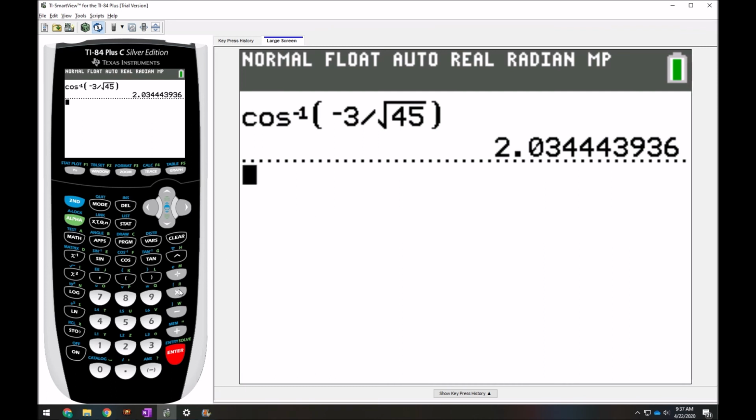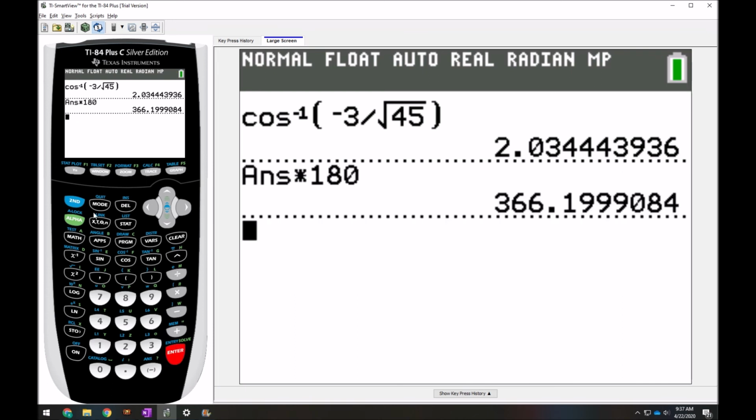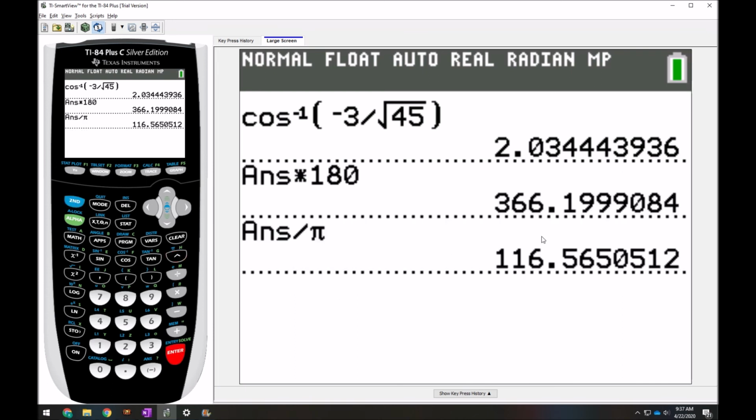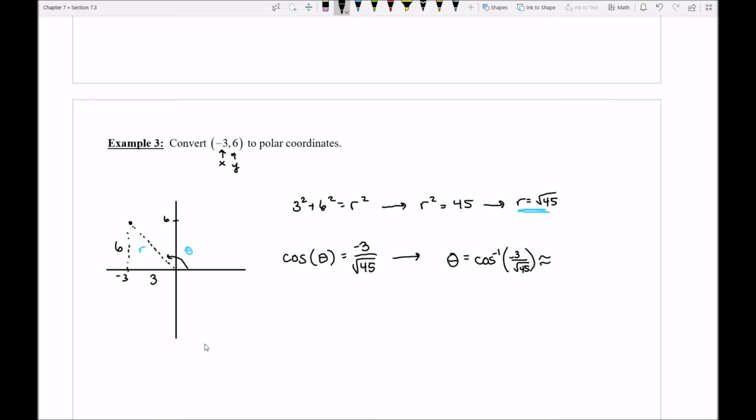If I want to convert that to degrees, I would have to multiply by 180, and then I would end up dividing by the value of pi. So this would be about 116.6 degrees. That's what I'd be working with. So over here, I could say this is roughly 116.6 degrees. That's what I have.